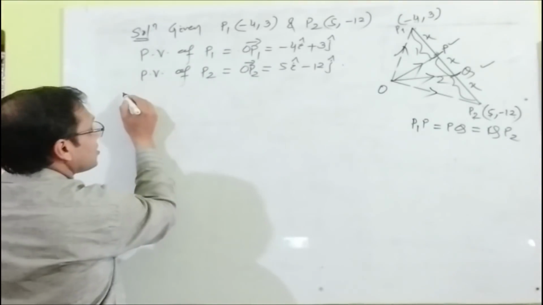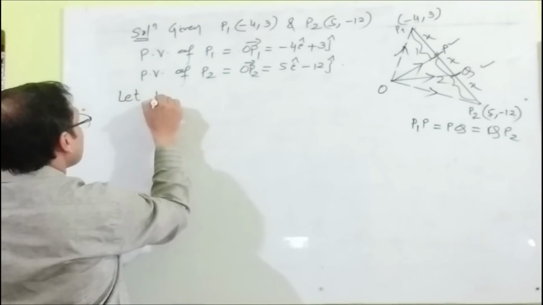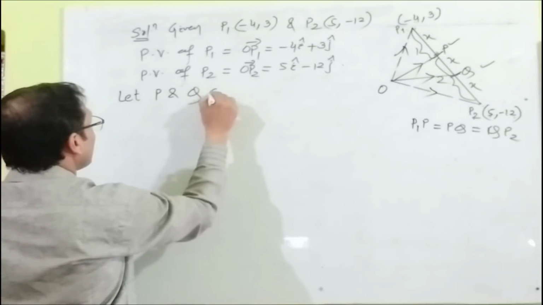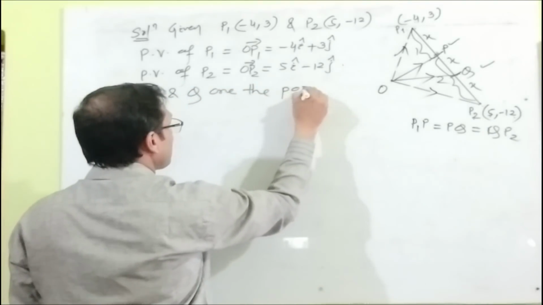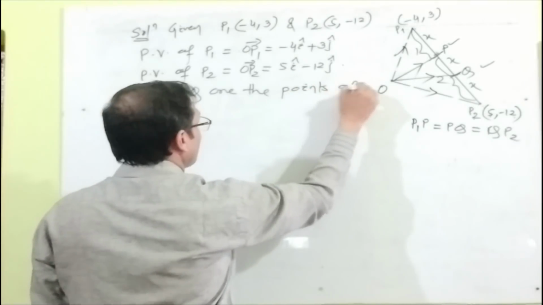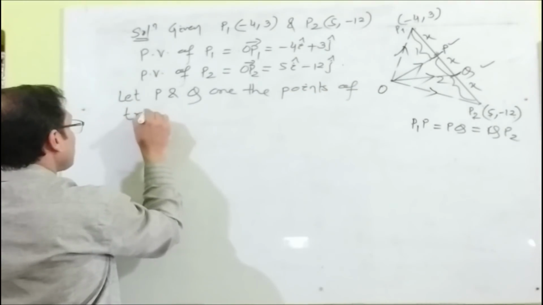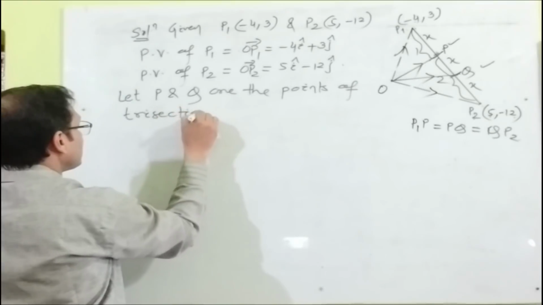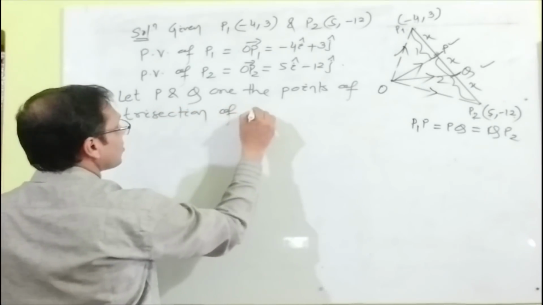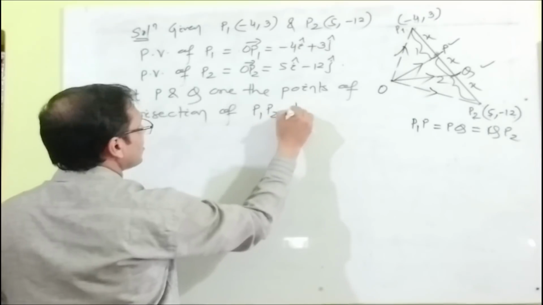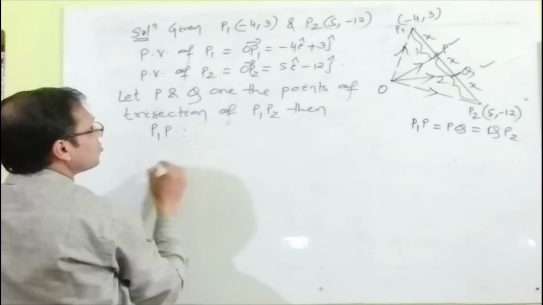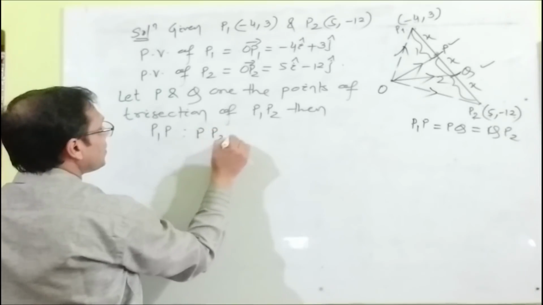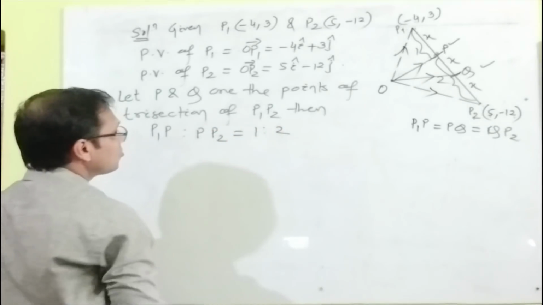So first you mention here, let P and Q be the points of trisection of the line joining P1 and P2, then P1P is to PP2 is equal to 1 is to 2.